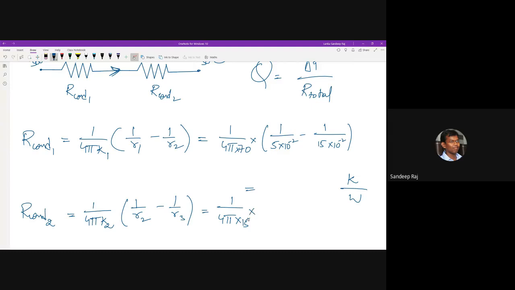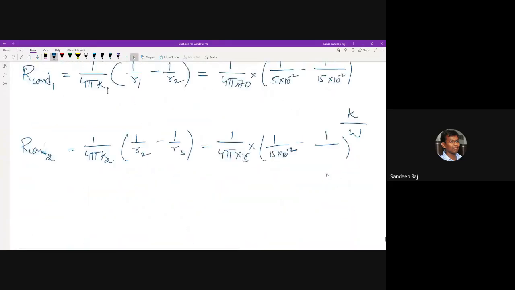So 15 into 1 by 15 into 10 to the power of minus 2, minus 1 by 20 into 10 to the power of minus 2. So tell me this value in Kelvin per watt. Also this value in Kelvin per watt. Yes, please tell me.